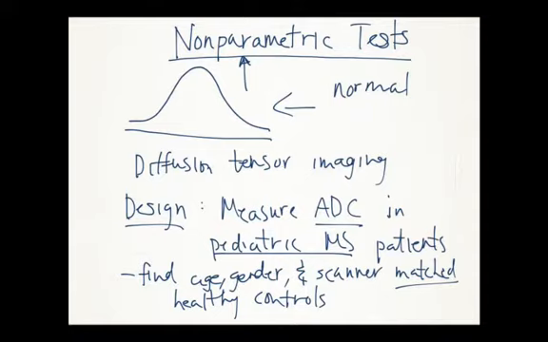A bit of a cool study design where you use this matching to get controls that are similar in all regards except for their MS. You can see how matching would be helpful, because if we just took random samples, we might say, oh, our healthy controls had different ages or had a different distribution of gender and so on. But when we do this matching, it takes care of those factors that we think could be important.